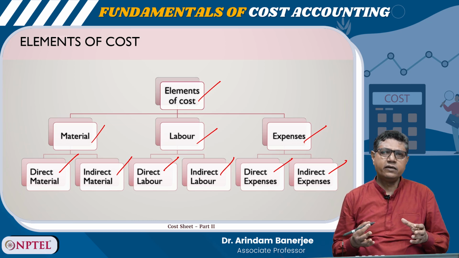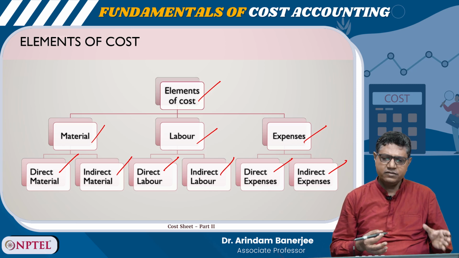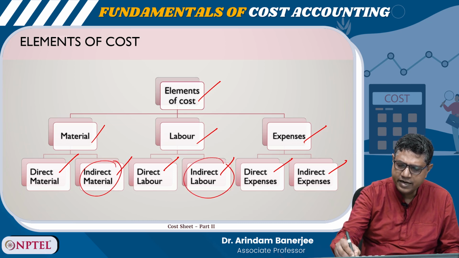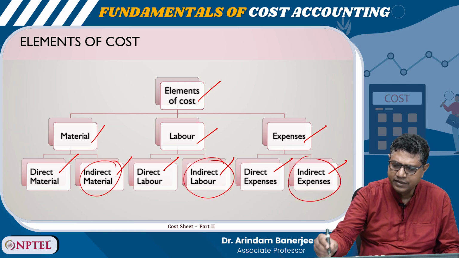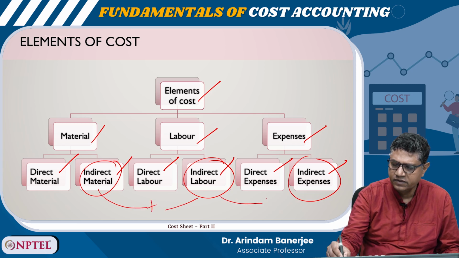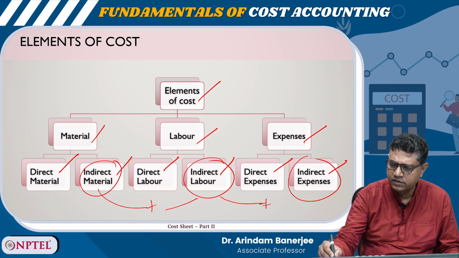So indirect cost can be indirect material, indirect labor, and indirect expenses. If I add these three elements, what I will get is called overhead.